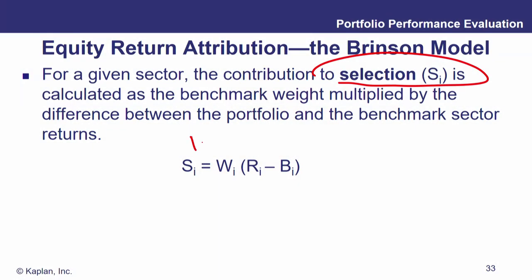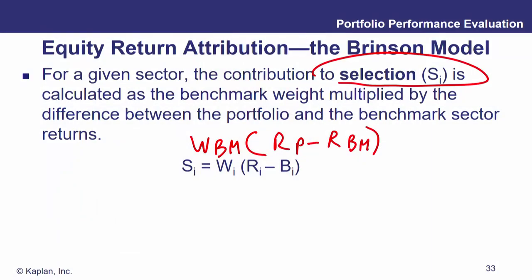The easiest way to think about this is to put this information into better terminology. So how are we going to deal with the security selection effect? We're going to take the weight of the benchmark this time, but now we're going to multiply it by the return of the portfolio minus the return of the benchmark.